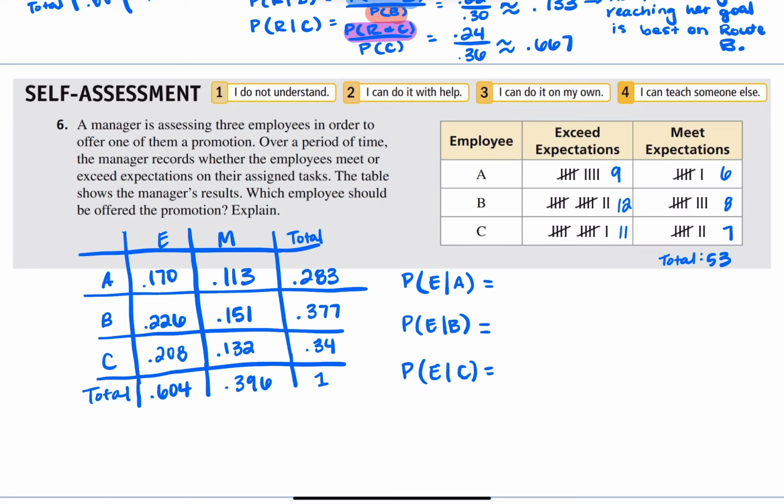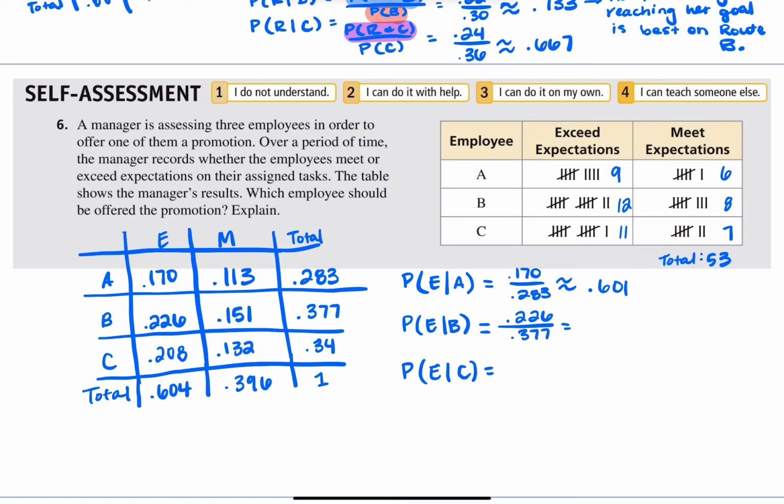All right, so exceeded and was employee A is 0.170 over the total for employee A, 0.283, which if I simplify 0.170 divided by 0.283 is about 0.601. All right, B exceeded 0.226 over all of B is 0.377.